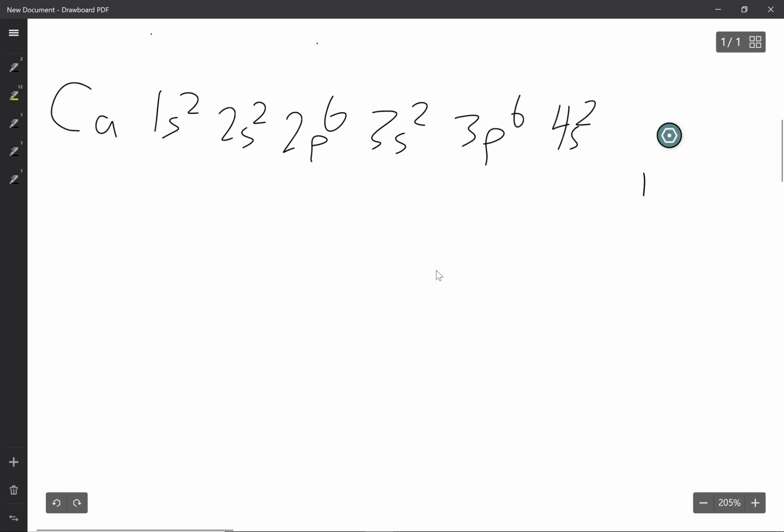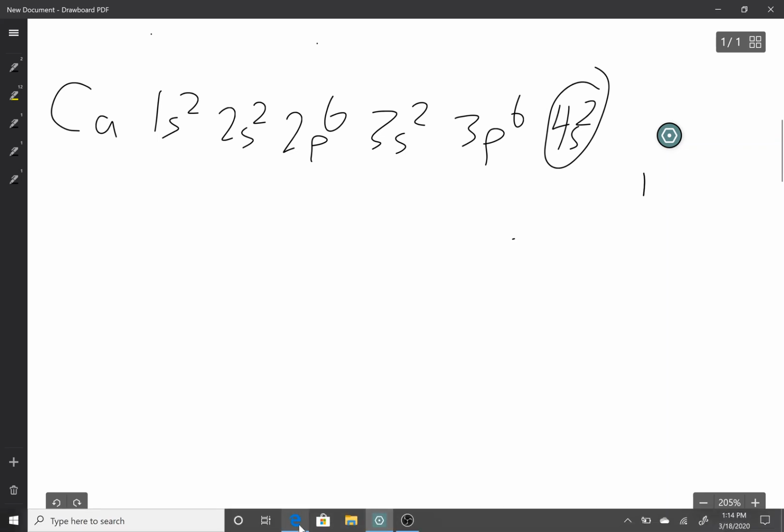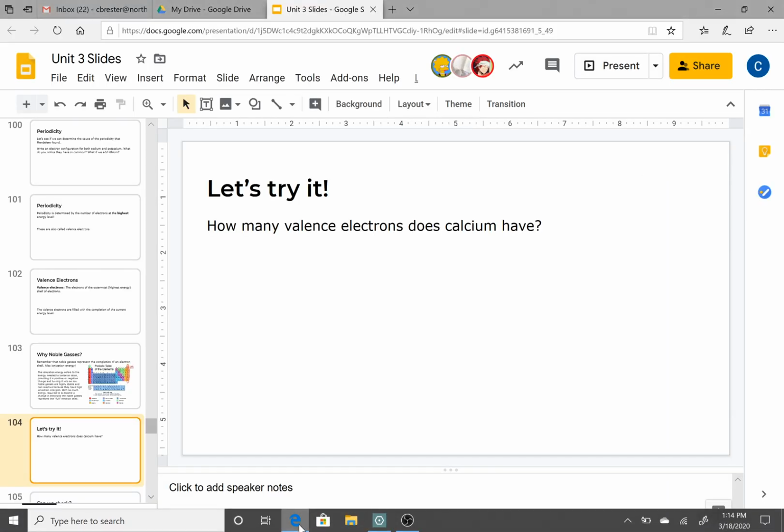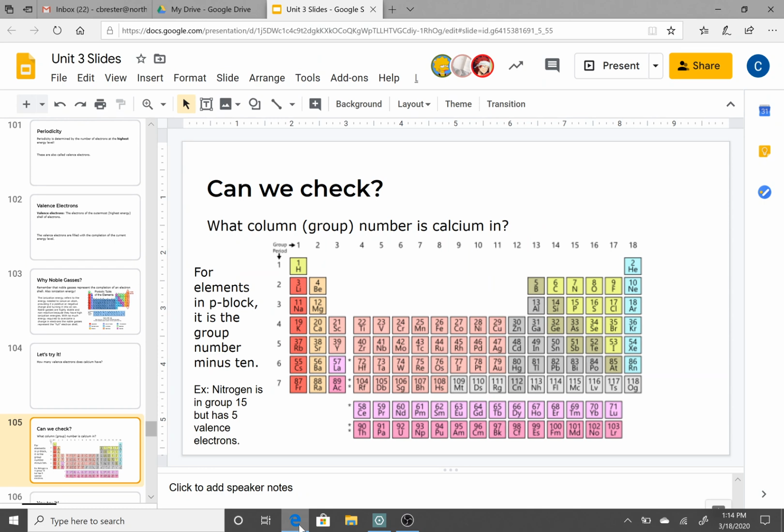If you're saying energy level 4, you're correct, because this is energy level 1, energy level 2, energy level 3, energy level 4 is the highest. So we're looking at how many total electrons there are in energy level 4, and we have 2 of them. So calcium has 2 valence electrons.